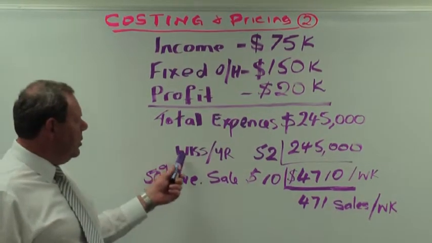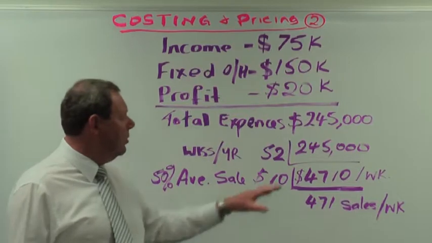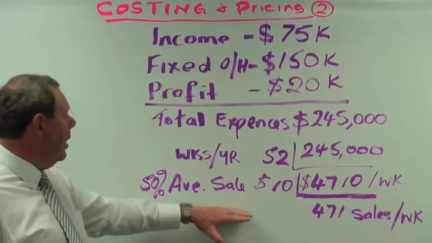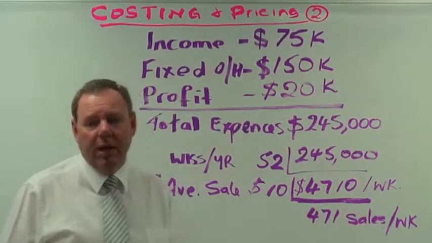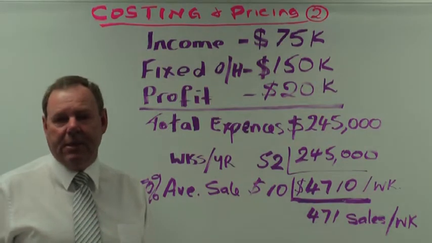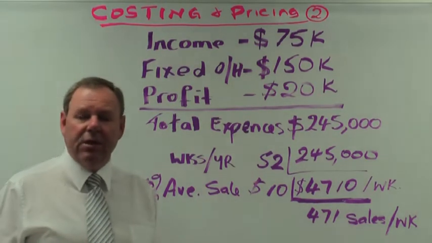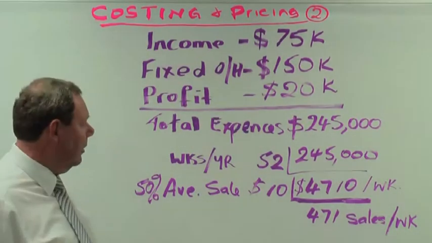But for this scenario, we've worked on 52 weeks of the year, divided into the $245,000, which leaves us $4,710 per week you need to turn over to cover your expenses. That's not including the actual cost of your goods, product, and so on.